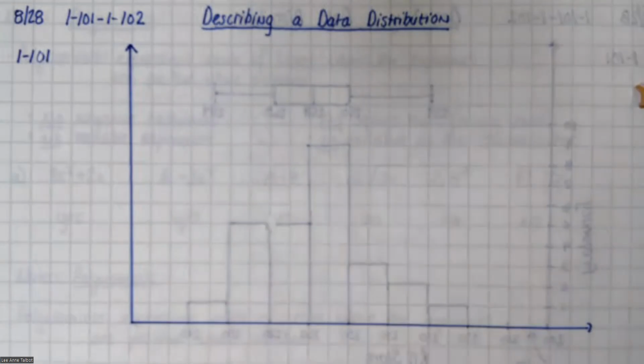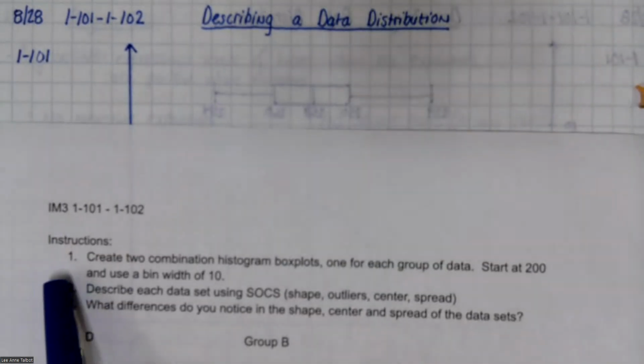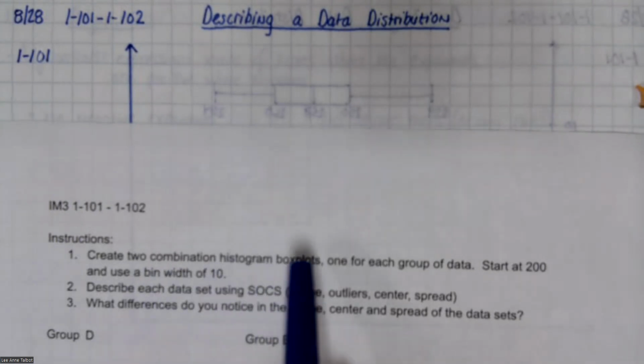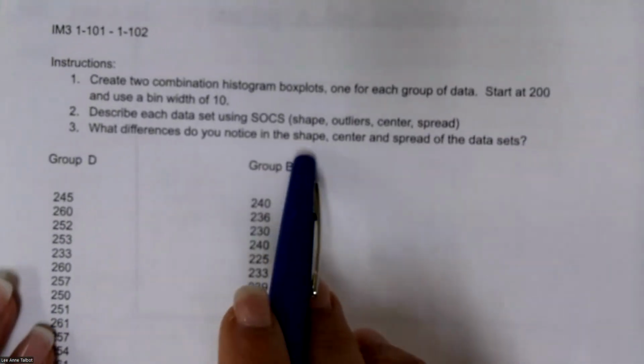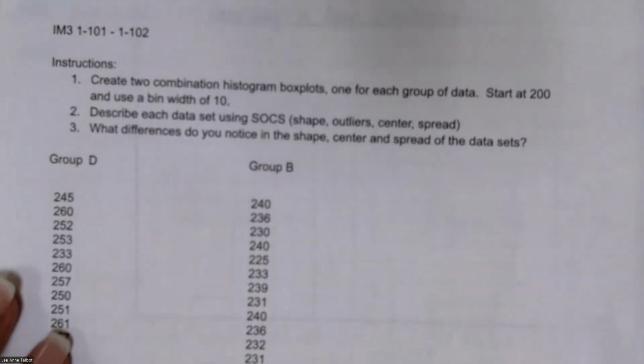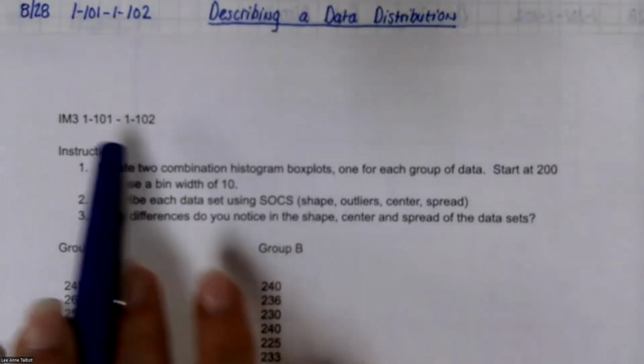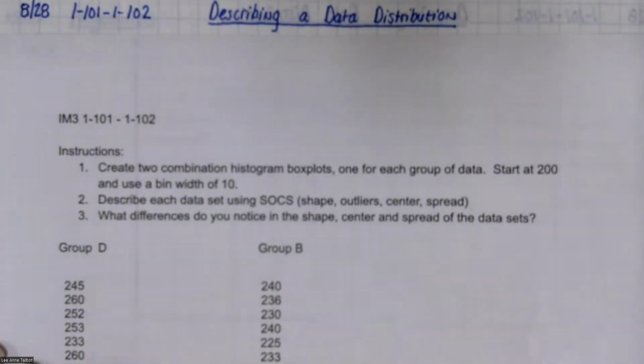Okay, so the directions are here on this paper. It says create two combination histogram box plots, one for each group. Number 101 is going to be group D, and then you're going to do number 102, which is group B. Start at 200 and use a bin width of 10.